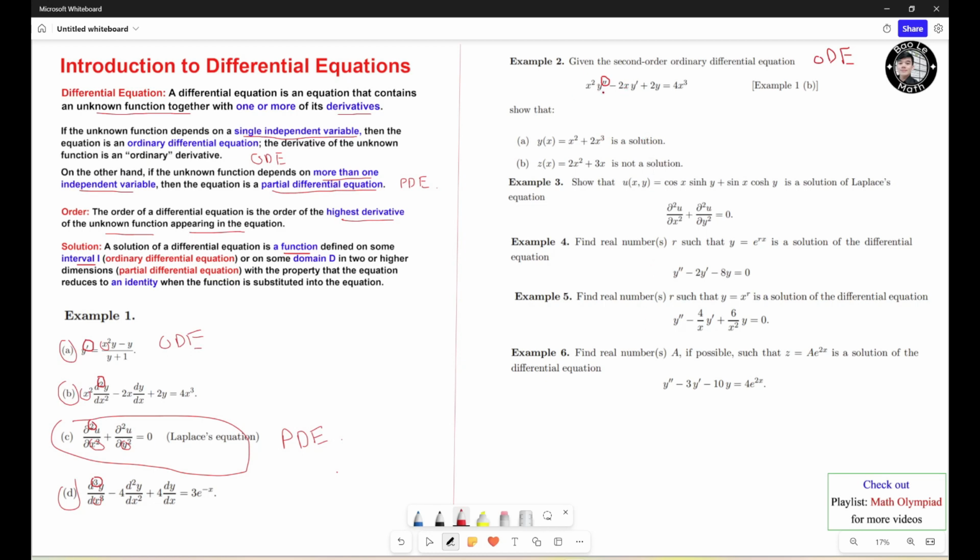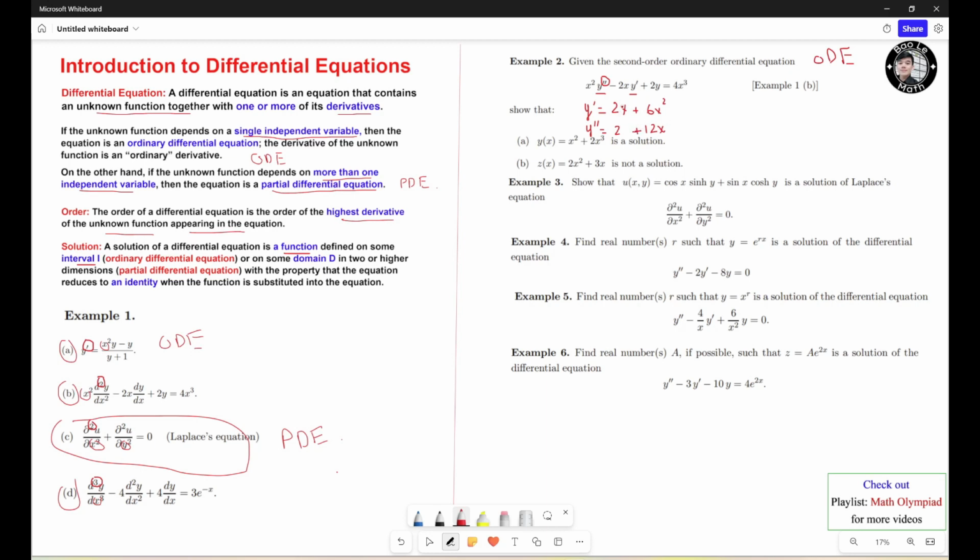This is the second derivative and this is the first derivative. So we just take the first derivative of this one. y prime: s squared turns out to be 2s, and 2s cubed turns out to be 6s squared. Now we take the second derivative, which is going to be 2 plus 12s.